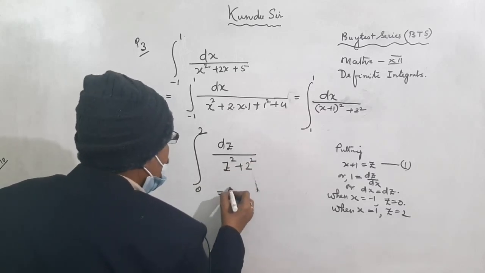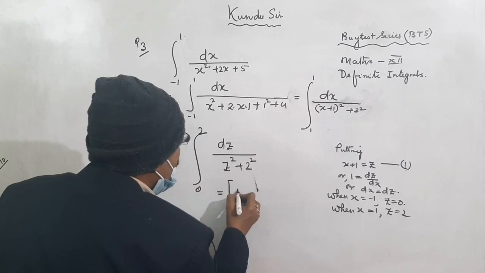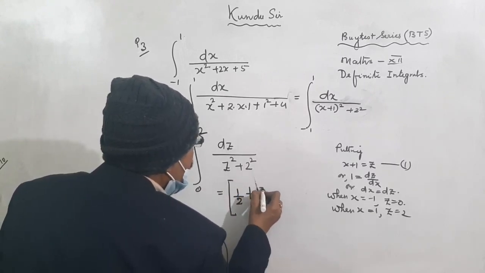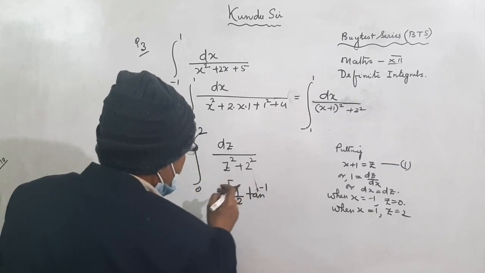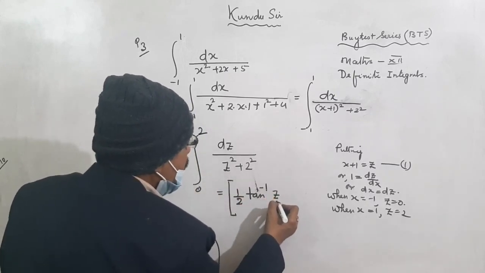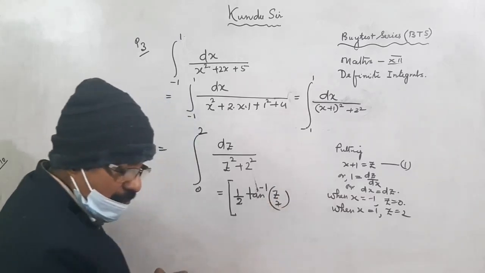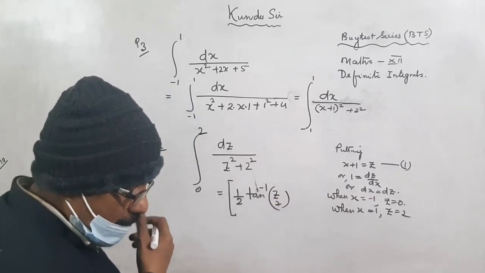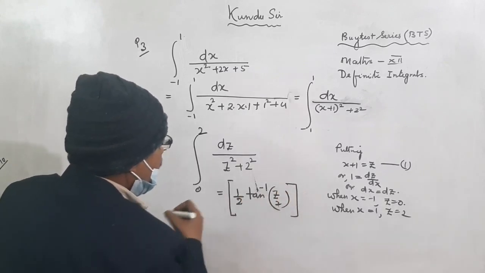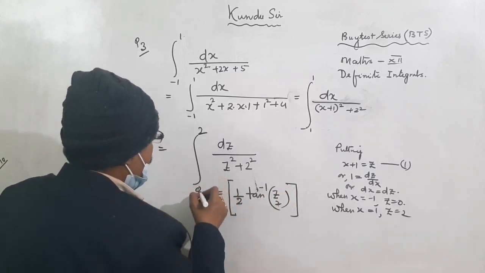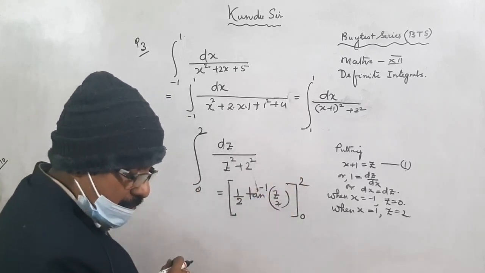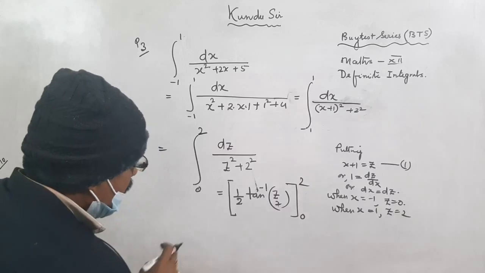What is this? Equal to 1 by 2, tan inverse z by 2, from 0 to 2.